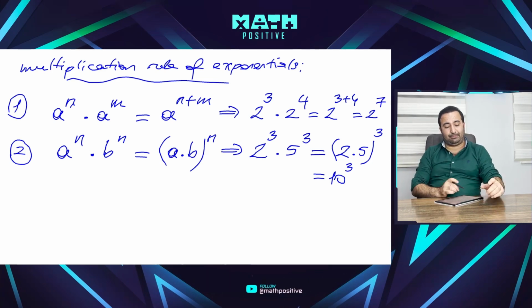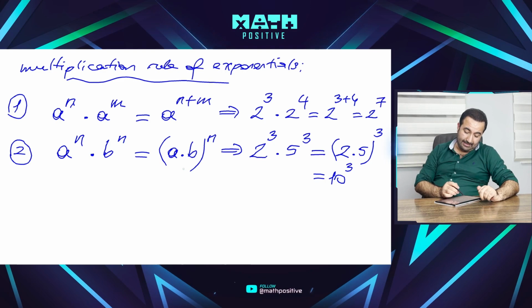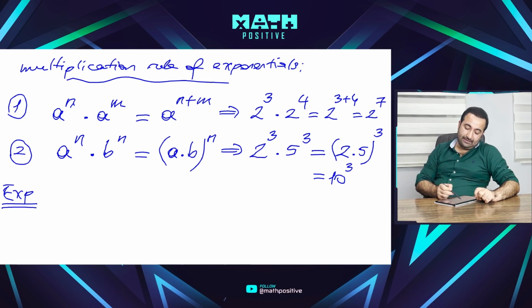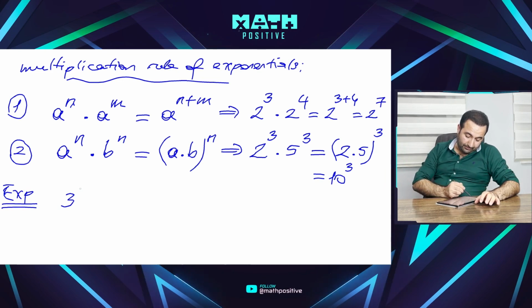The two multiplication rules are: the first one is, when bases are equal, we add the powers in multiplication. When the powers are equal, we multiply bases, have the common power to the power. Okay, let's give some example.